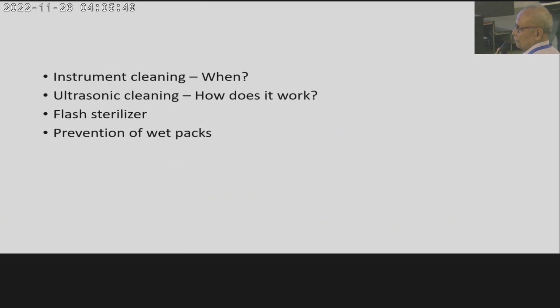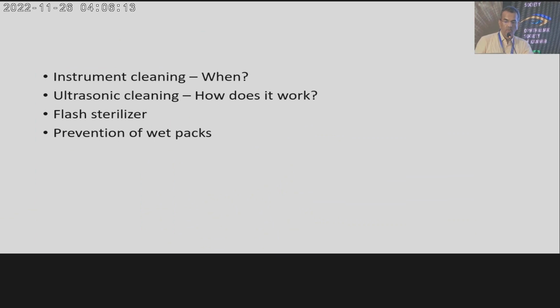You can take that effluent, the fluid from that cannula, and do a culture and validate it for your OT setup. So the take-home message is clean the instrument as soon as the surgery is over, as far as possible. If at all it's not possible, go for an enzymatic cleaning followed by an ultrasonic cleaning, and it's not as foolproof as immediate cleaning. Okay.